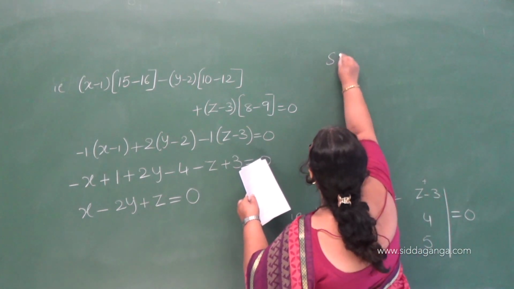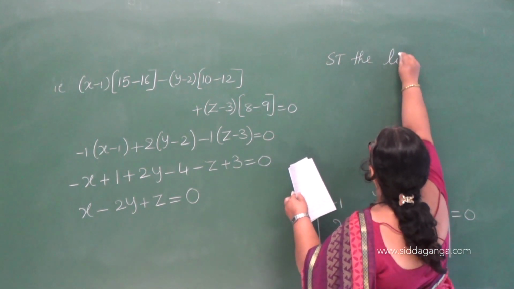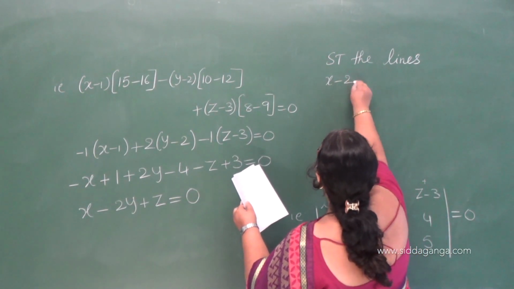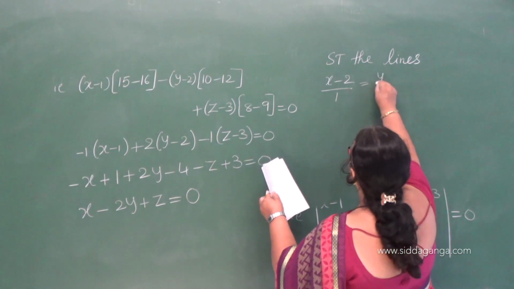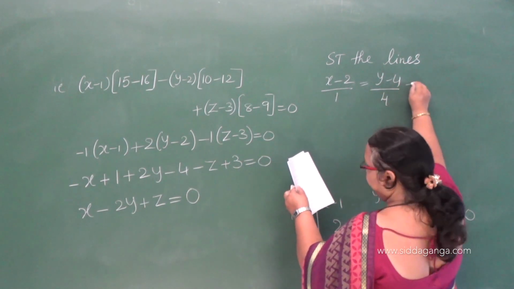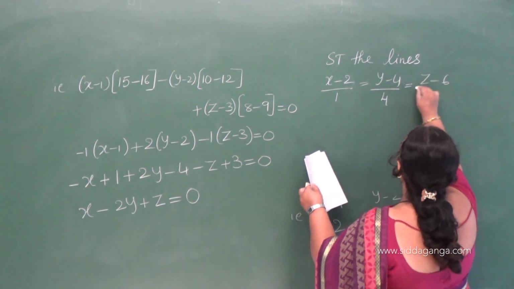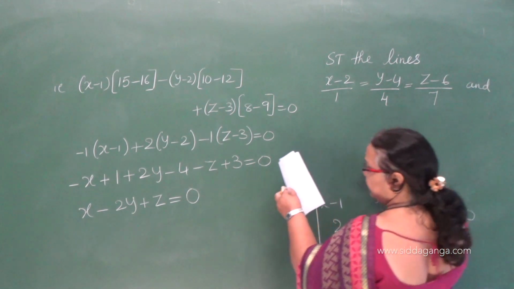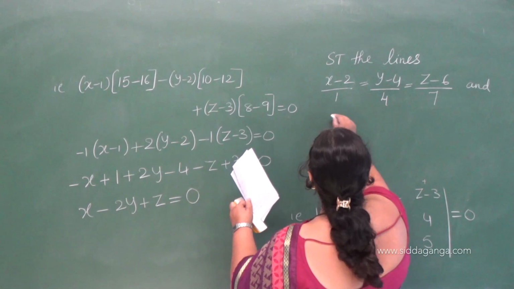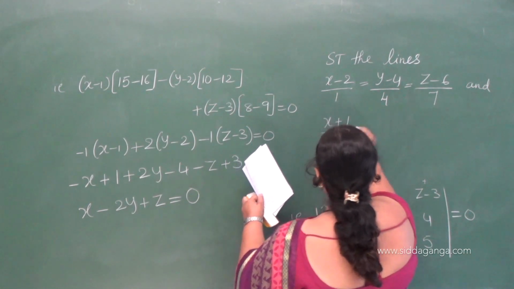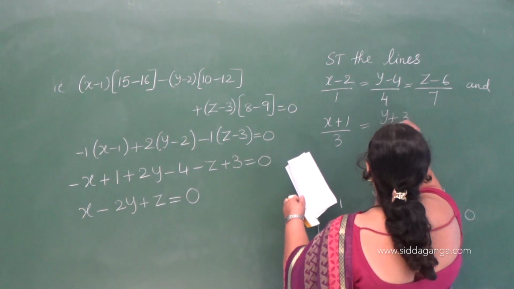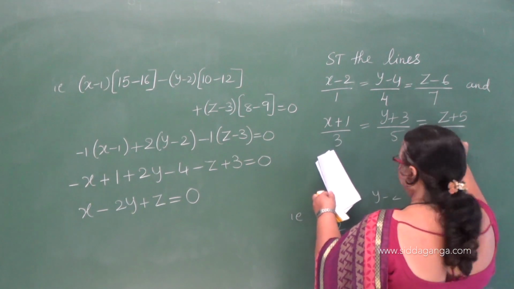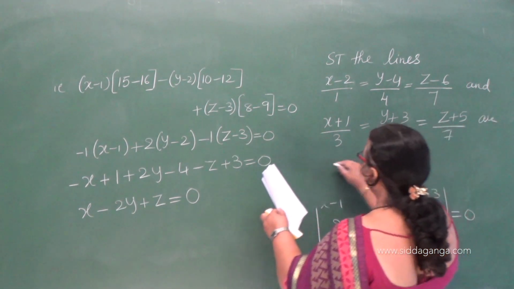Show that the lines (x minus 2)/1 equal to (y minus 4)/4 equal to (z minus 6)/7, and the second line (x plus 1)/3 equal to (y plus 3)/5 equal to (z plus 5)/7 are coplanar.